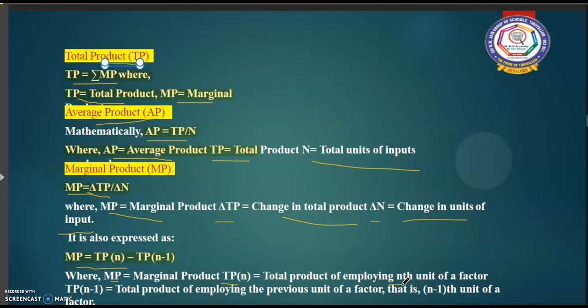So marginal means additional unit, I told you. So employing nth unit of a factor. Then TPN minus 1 equal to total product of employing the previous unit of a factor, that is n minus 1 unit of a factor.